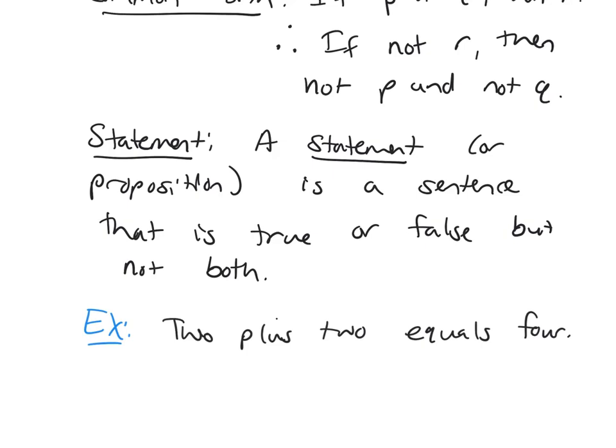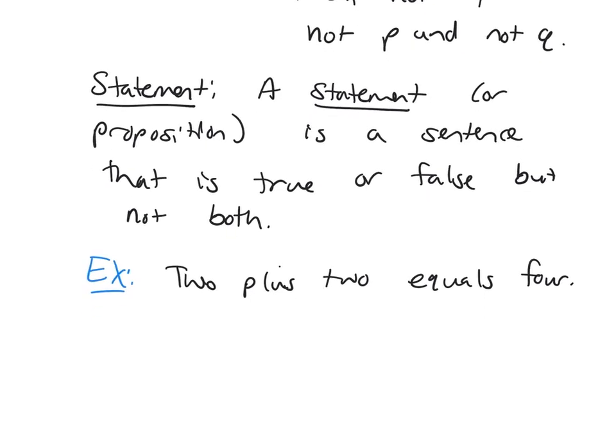So this would be a statement. Similarly, if I tell you 2 plus 2 equals 5, this is also a sentence. And in this case, I know that that's not equal to 5, so this sentence would be false. So this is also a statement.